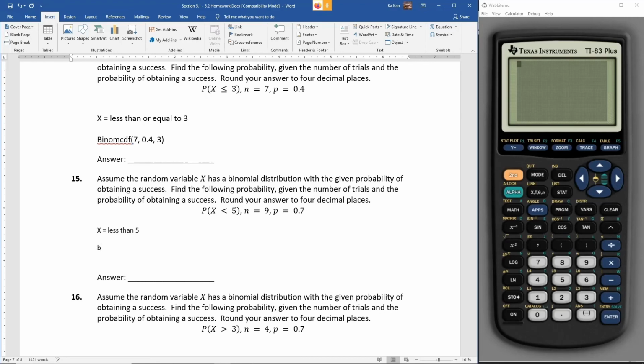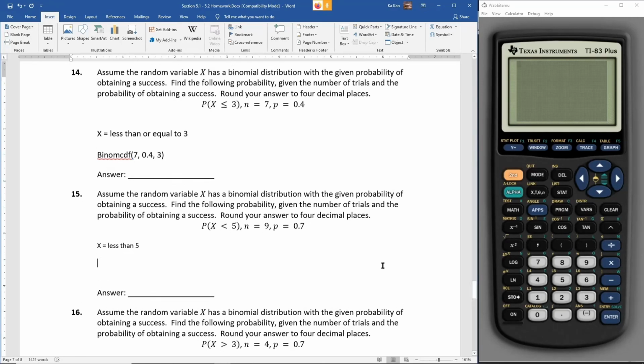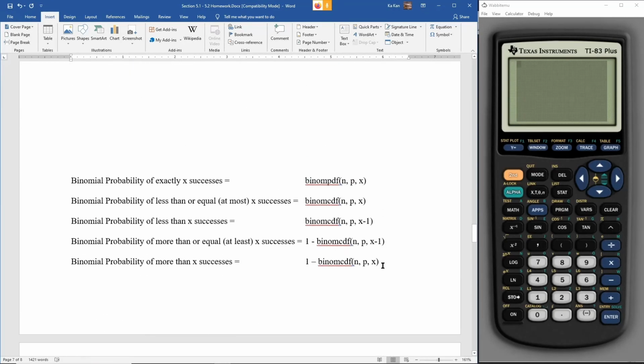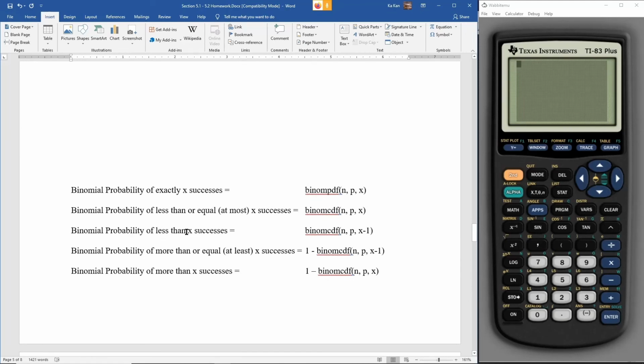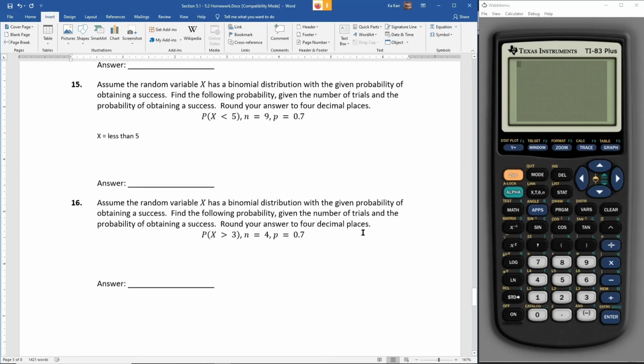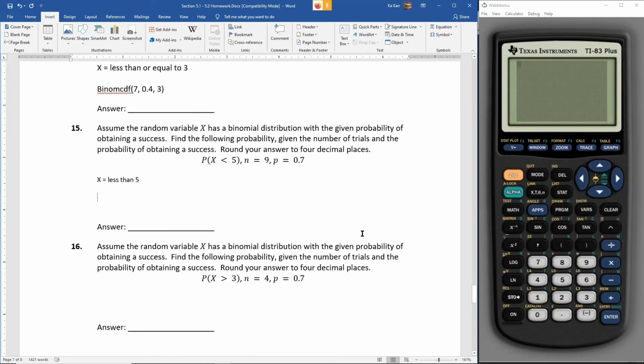So we have to look at what that would be. Just less than a number, you have to subtract 1. So it'll be 9, and then 0.7, and 5 minus 1, which is 4, just like that.